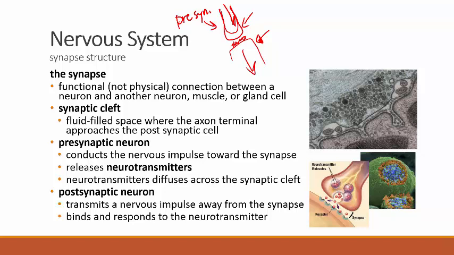So the presynaptic neuron conducts a nervous impulse toward the synapse, and in response to that action potential arriving at the axon terminal, then we see, as we saw in the neuromuscular junction, calcium ions flood into the axon terminal.